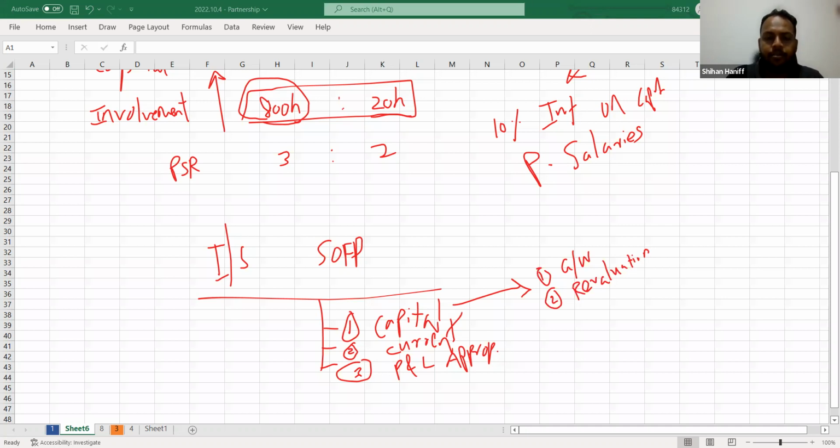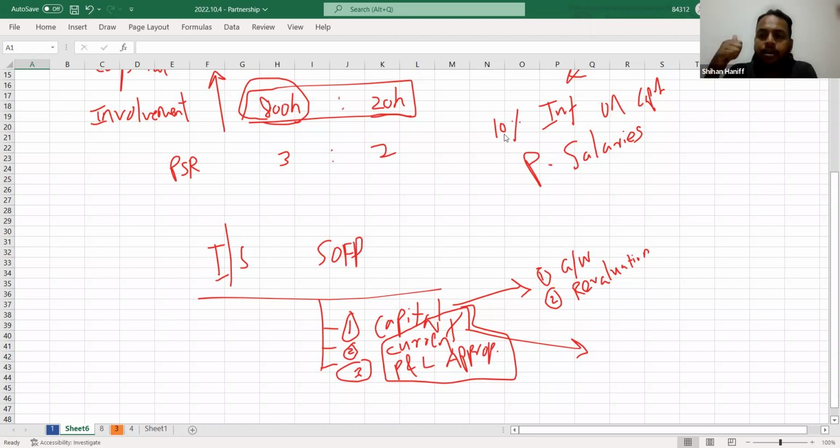And current account, you have to show the distribution of short-term profits, where interest on capital, interest on current account, interest on drawings, share of profits will be adjusted in the current account. And profit and loss appropriation account is also same like the current account, transactions will come to the profit and loss appropriation account, right? I'll explain from an example, right?